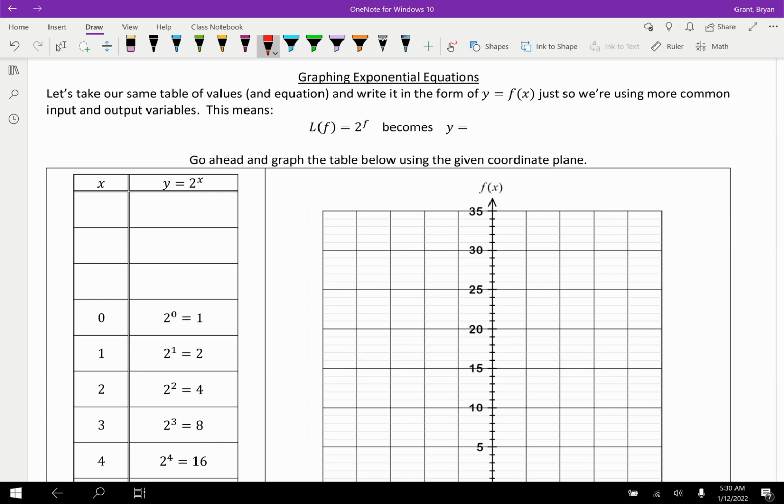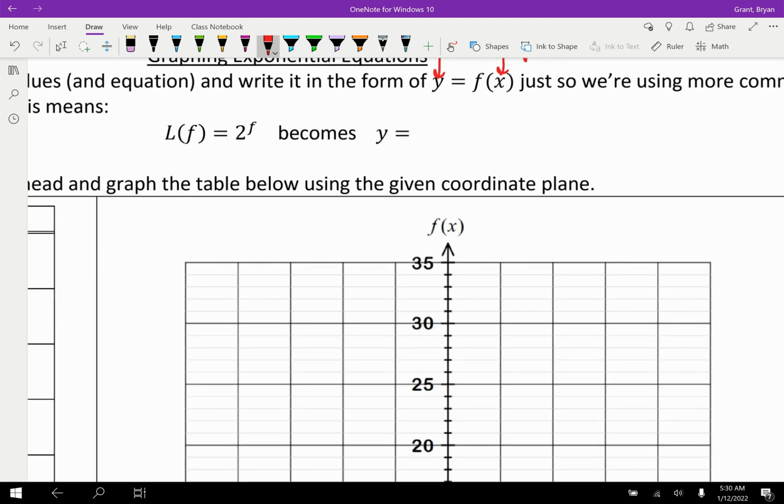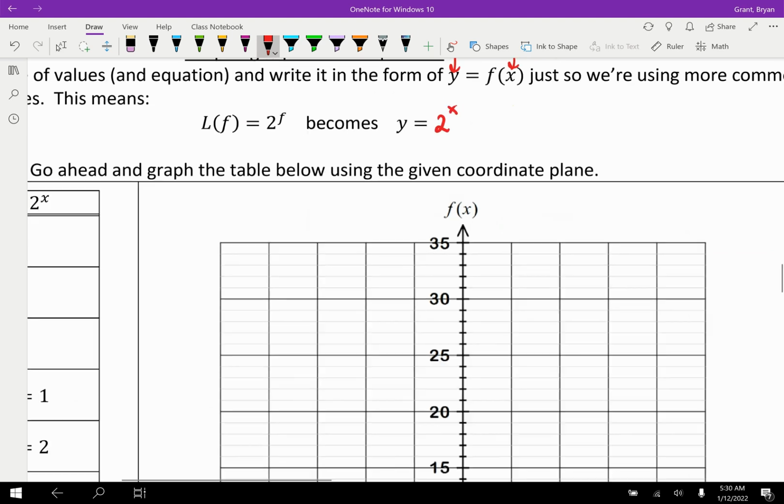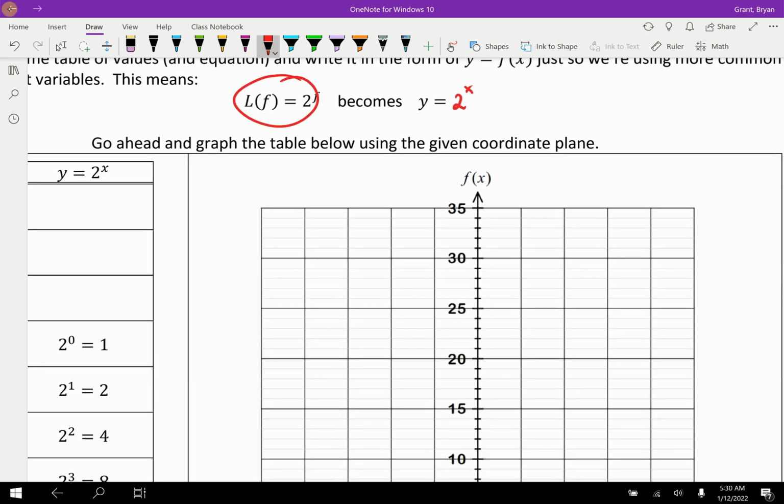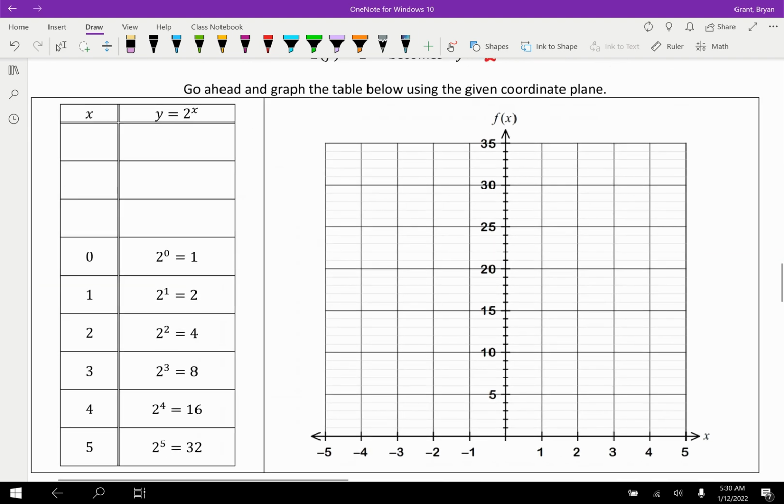Which means instead of using an input of f, we're going to use an input of x. And instead of an output of L, we'll use an output of y. Which means our equation is actually just going to take the form of y equals 2 to the x power. It's the same thing as this function notation, but a little bit more common. So let's get to it.